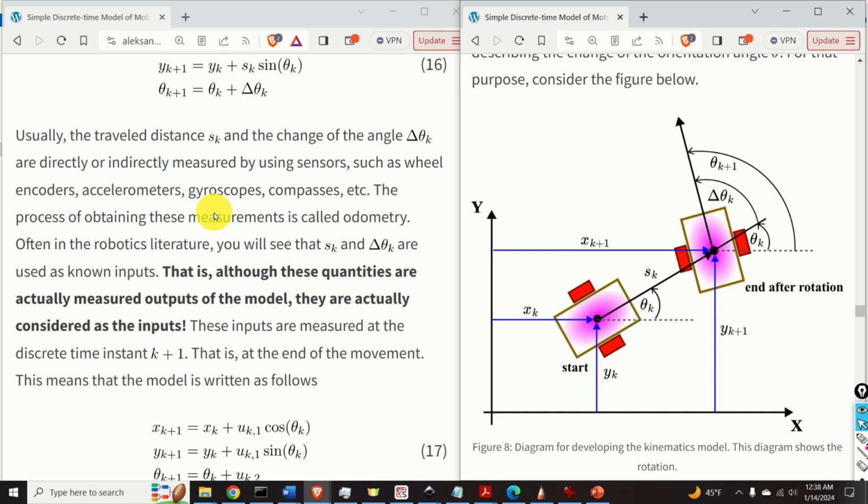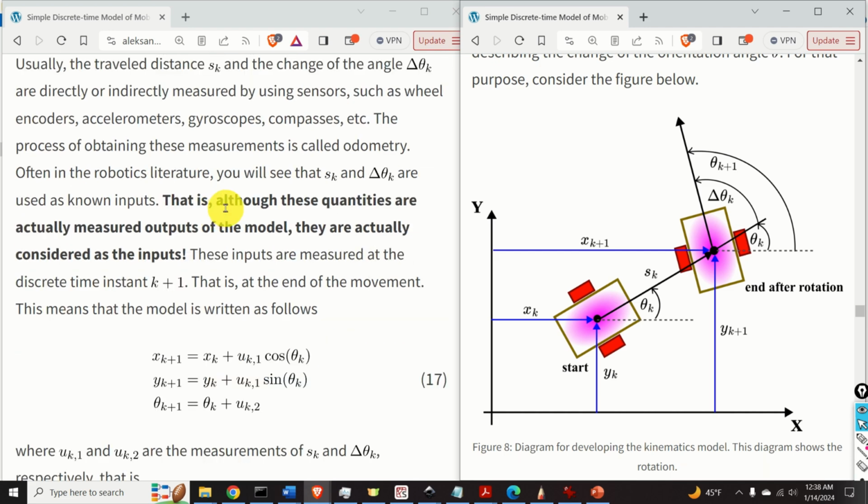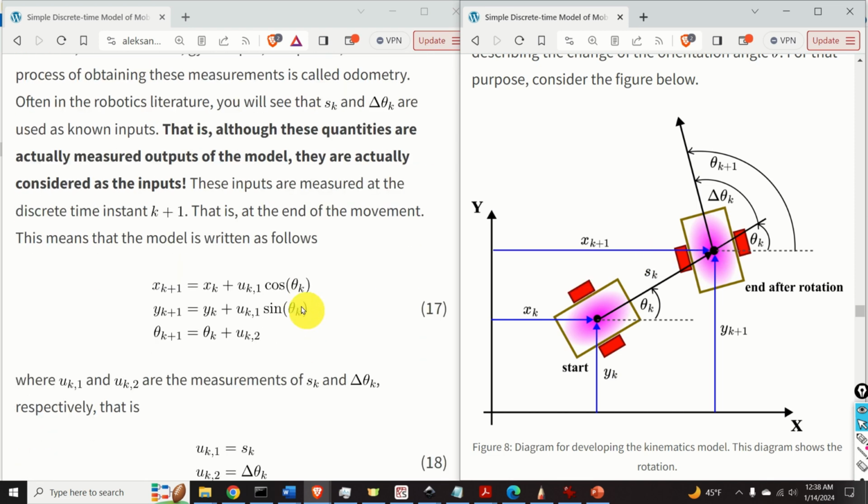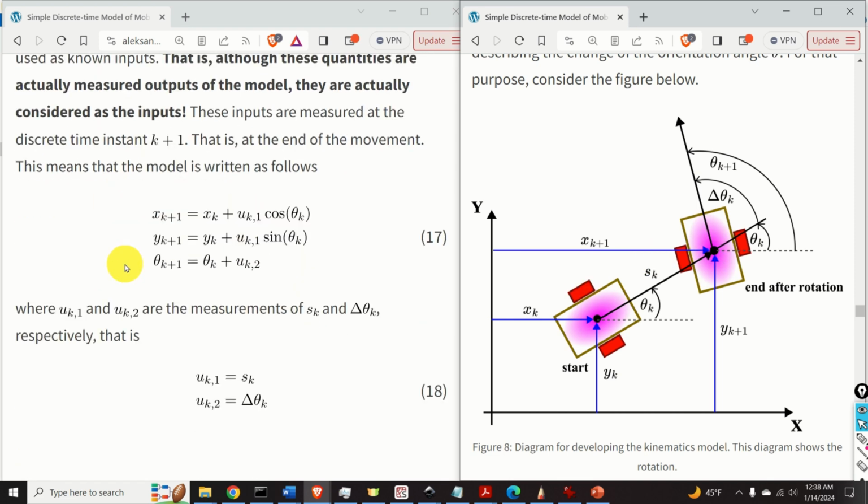These inputs are measured at the discrete time instant k plus 1, that is, after translation and rotation, and they are known. That is at the end of the movement. This means that the model can be written like this, where instead of delta θk and sk, we write uk1 and uk2, where uk1 is sk and uk2 is delta θk.